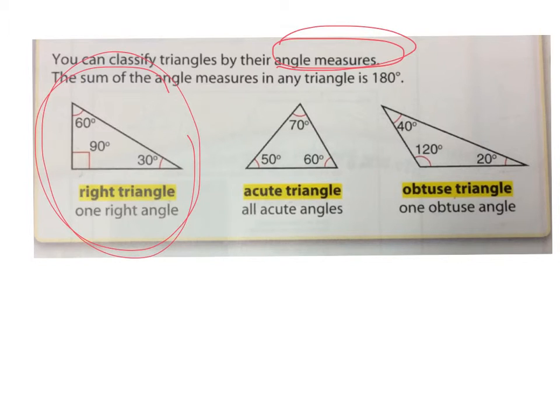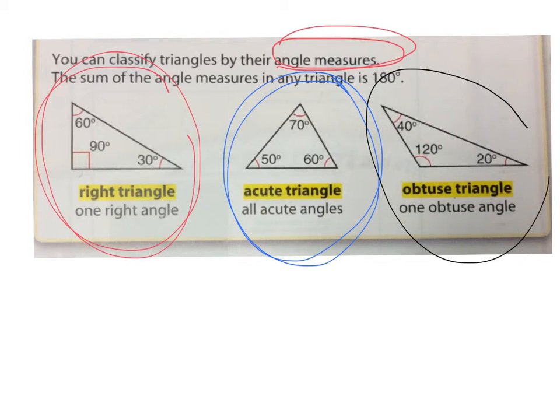A right triangle has how many right angles? 1. Is it possible for a triangle to have more than one right angle? No. Thank you. Okay. An acute triangle has 3 acute angles. Okay. And finally, an obtuse triangle has 1 obtuse angle.